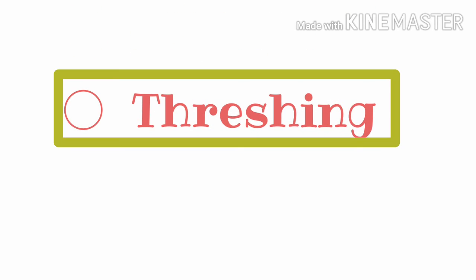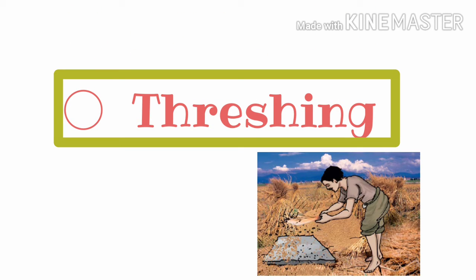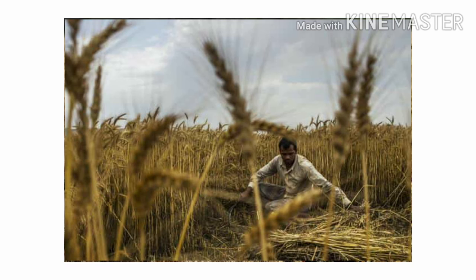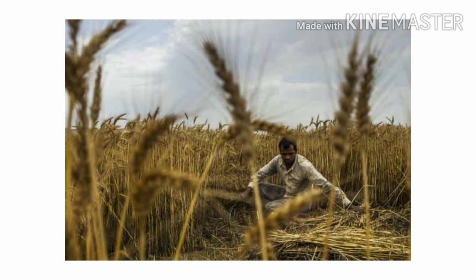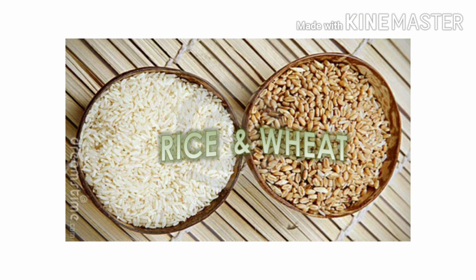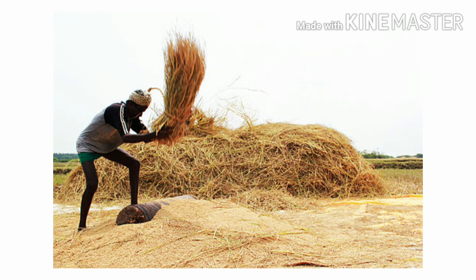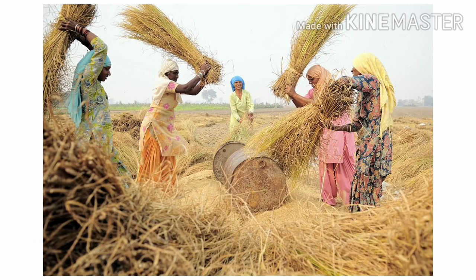Now the next method, thrashing. After harvesting the crops such as wheat and rice, the grains are separated from their stalks. Therefore, thrashing is a process in which we separate grain from its stalks.